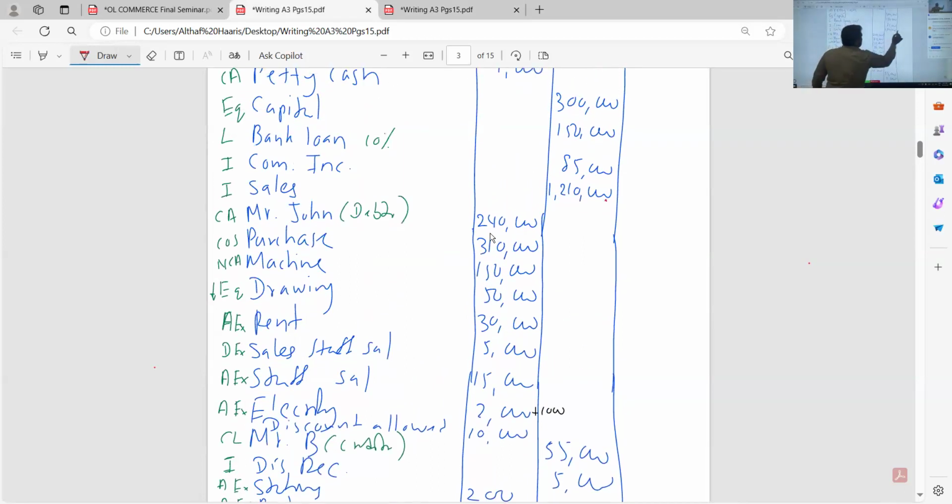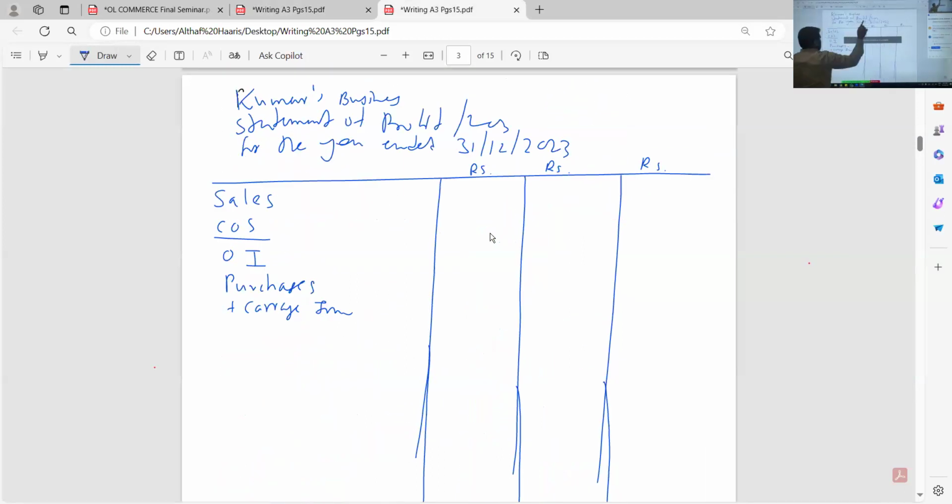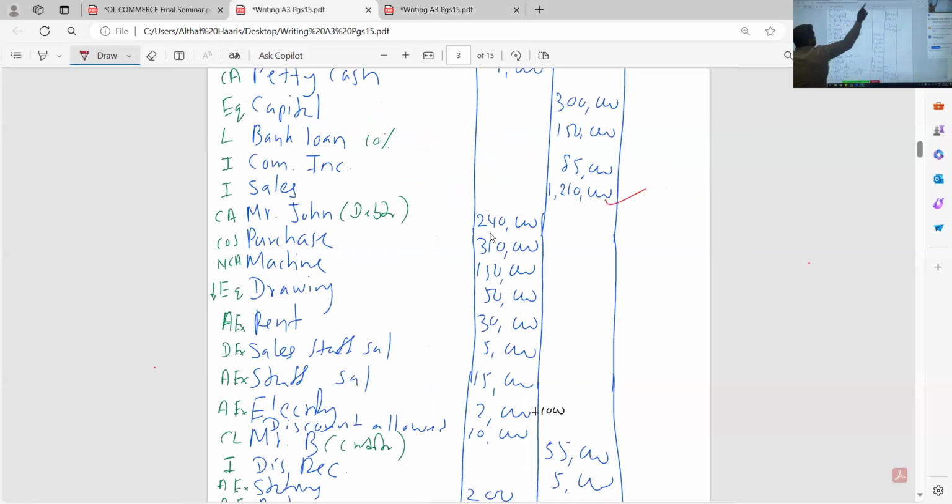Sales 1210. No opening inventory information is given. Purchases 310,000.